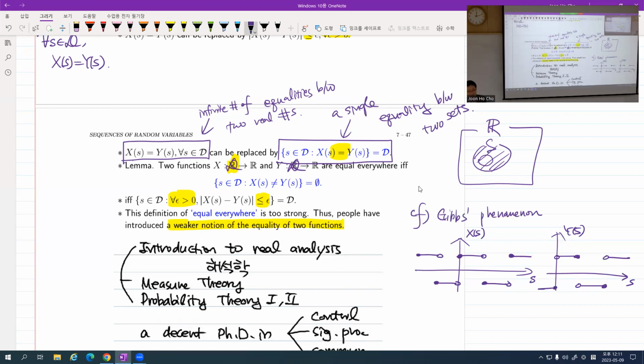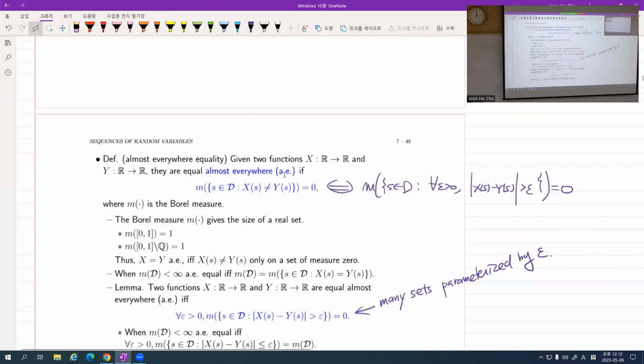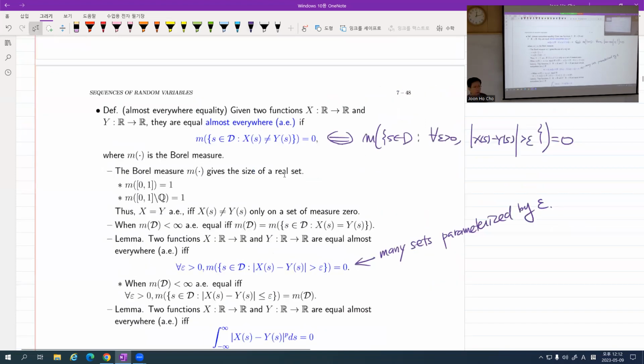So we want to relax our too strong definition of everywhere equality. Then what would be the relaxed version? That is almost everywhere equality of two functions.